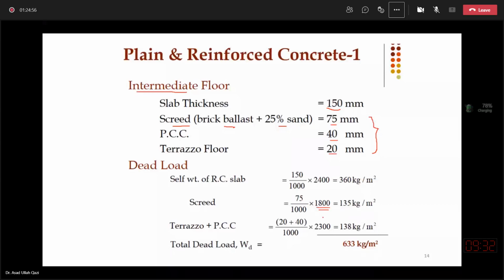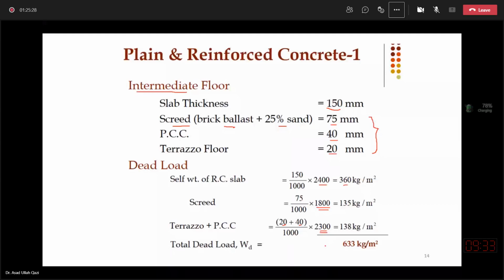However, PCC and terrazzo are a little dense, so for them the proposed density is very close to concrete. It is 2300 kg per meter square. So out of this composite, the slab 150 is calculated by 2400, then comes screed, and then terrazzo plus PCC almost having the same densities.